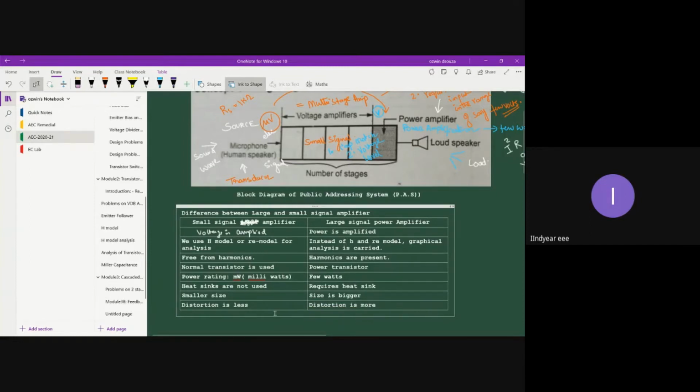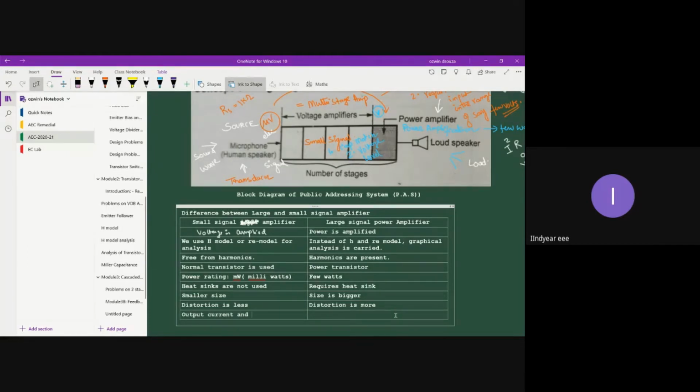The distortion is more. And a few more differences could be, okay, power handling capacity I have already discussed. Here, output current and voltage swings are small.